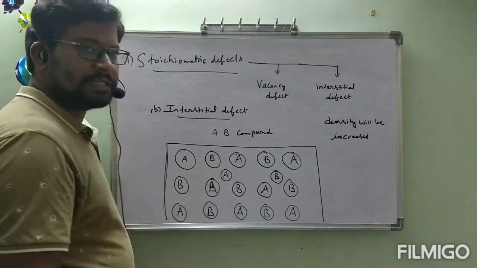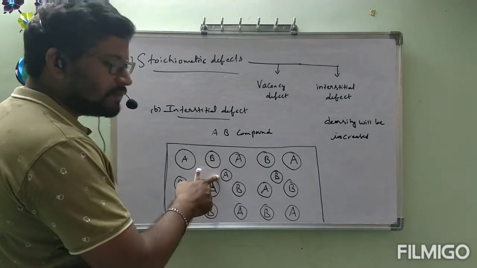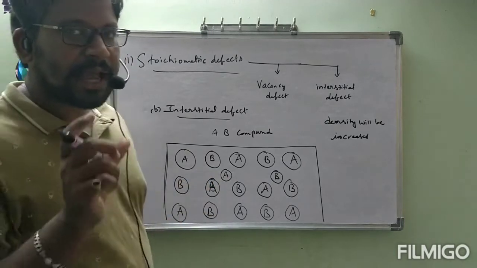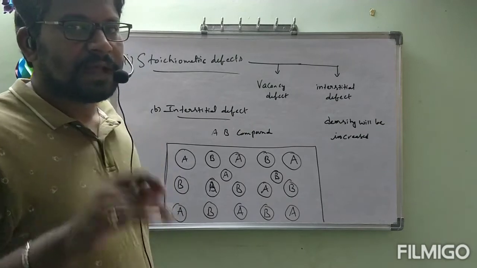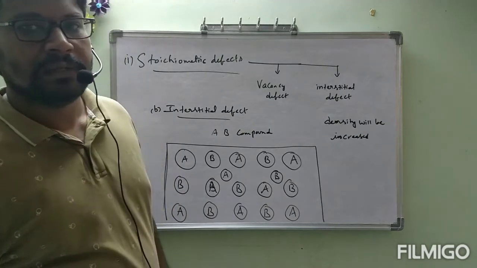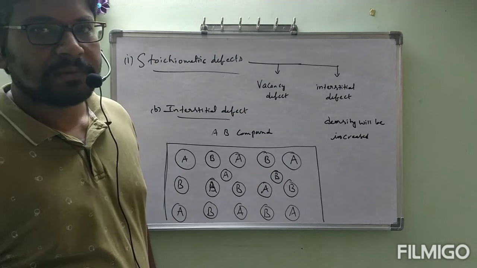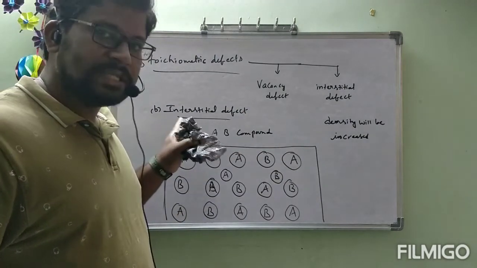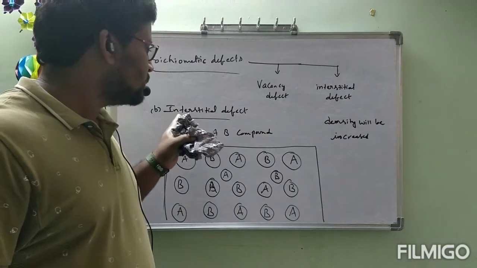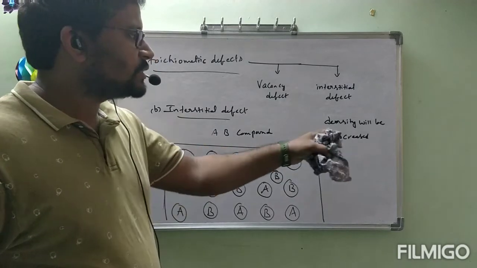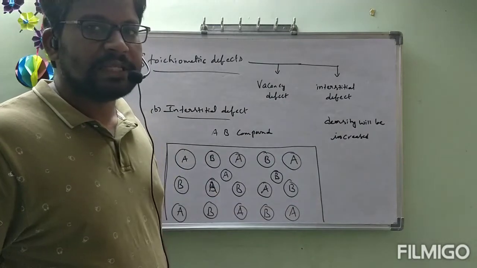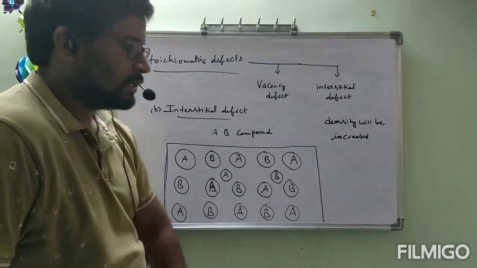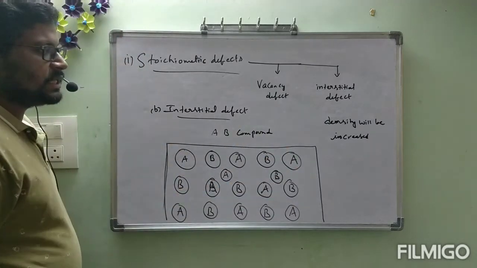Even volume also decreases, because previously the gap was there, but in that gap A is occupied, so the gap volume decreases. When the gap volume decreases, density increases, because density is inversely proportional to volume. In this way, because of this interstitial defect, density will be increased. This is about interstitial defect.